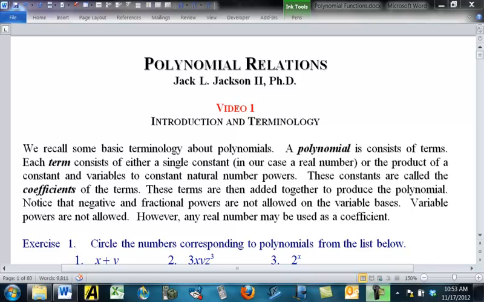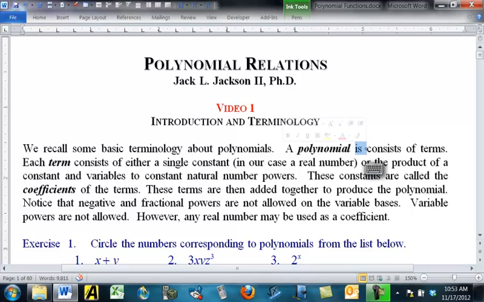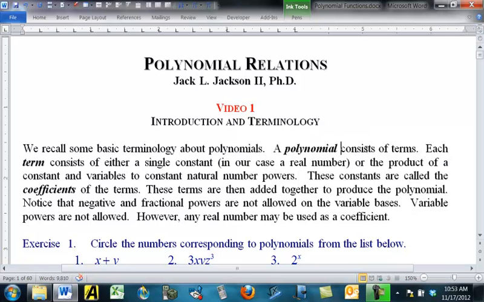So a polynomial, as an expression, consists of terms. Each term consists of either a single constant, in our case, say real numbers, or the product of a constant and variables to constant natural number powers. These constants are called the coefficients of the terms.